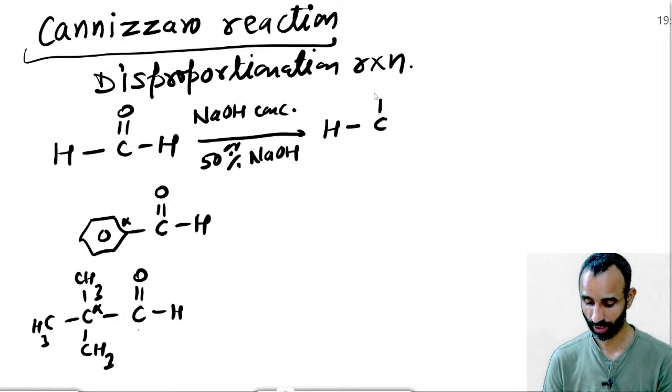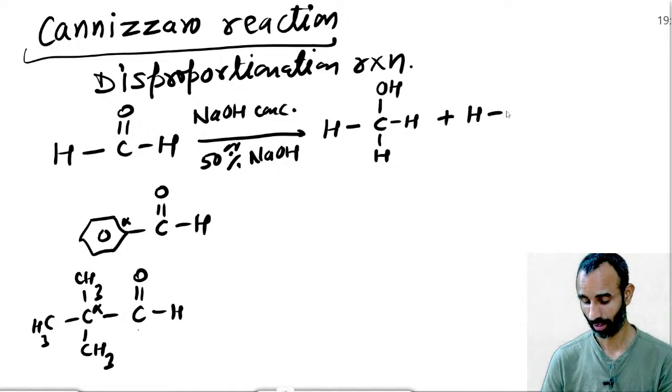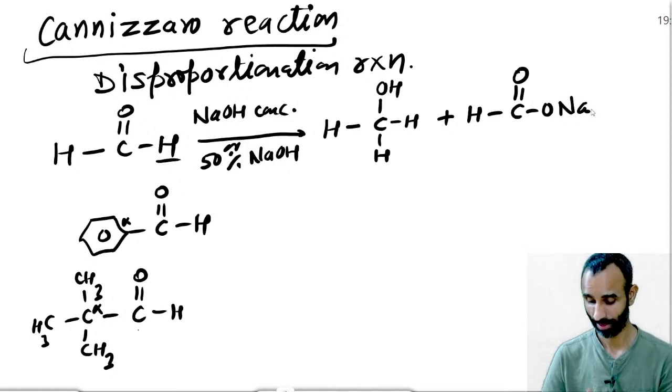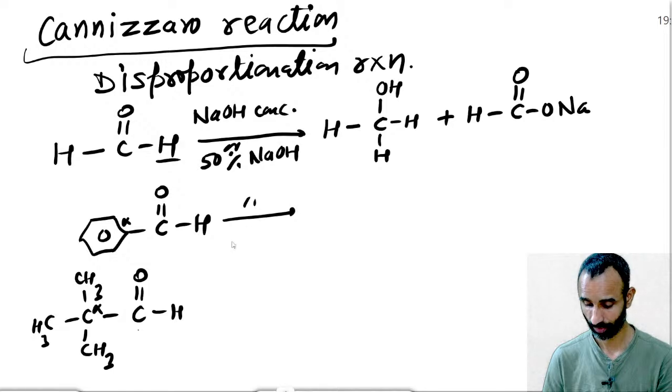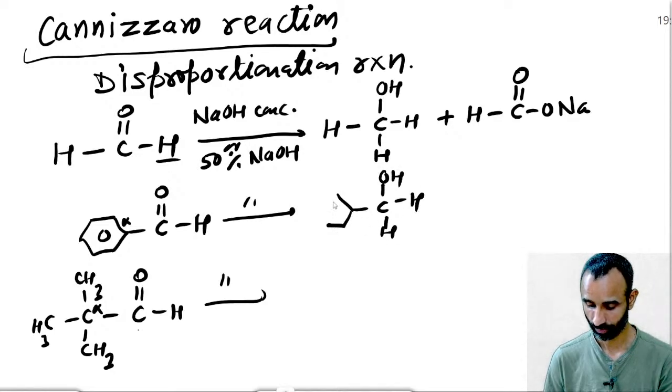So, first it will undergo reduction. Hydrogen is added on both sides of the double bond, and in another case this H is replaced by ONa. Again same case, this C double bond O becomes, means hydrogen is added on both sides.